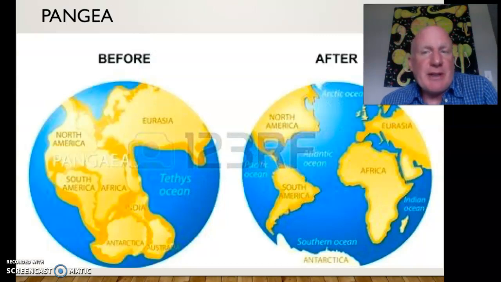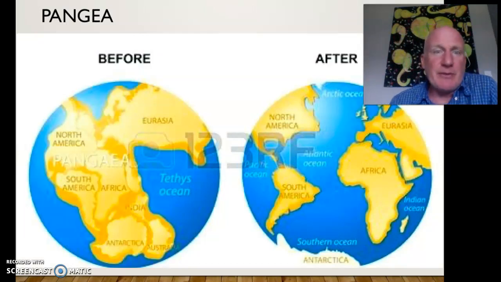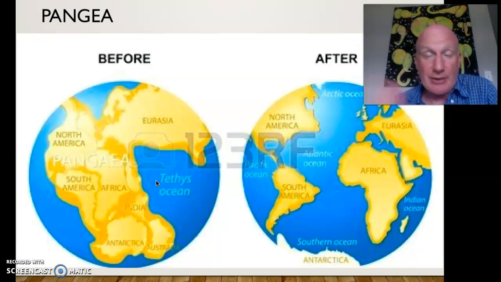If you believe in Pangea, and there's some evidence to suggest that this might be true. If you just look at the image here, you can see how these fit together almost as puzzle pieces. The theory is that all the continents were massed together into one landmass, and over thousands and thousands of millions of years, the continents began to spread apart.